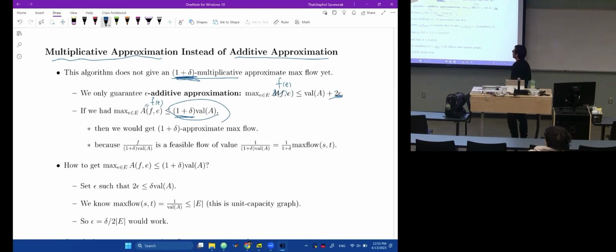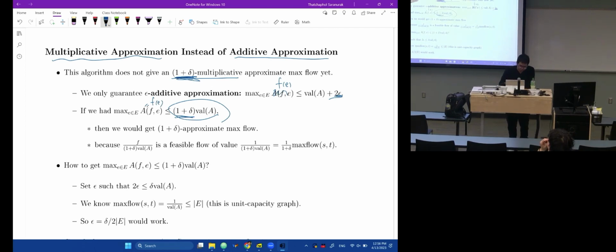But this is not a big problem, right? Because if you just set epsilon such that 2 epsilon is at most delta times the value of the game, then this additive guarantee will be a multiplicative guarantee. Just set epsilon to be small enough. And how small do you need?